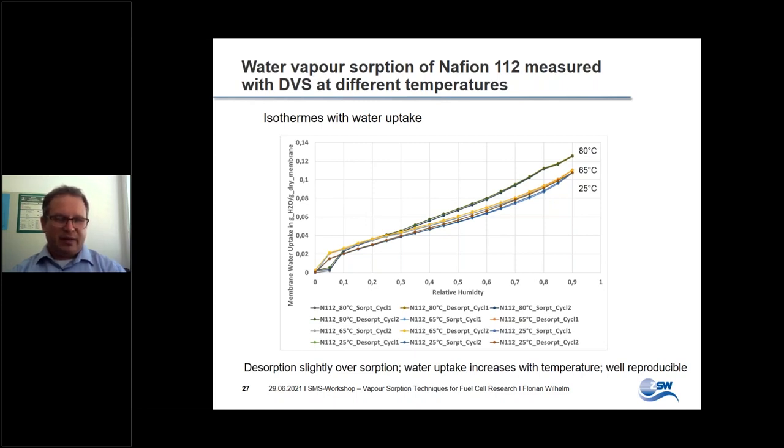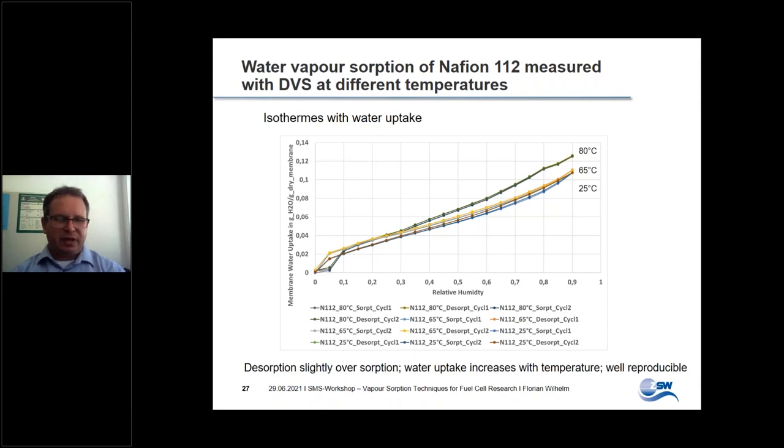And as you can see here, the 80 degrees curves for another material because we don't have Nafion 117 anymore. So we employed Nafion 112, which is very common still in laboratories today. So it's like 10 years old from the point of view of development or more.